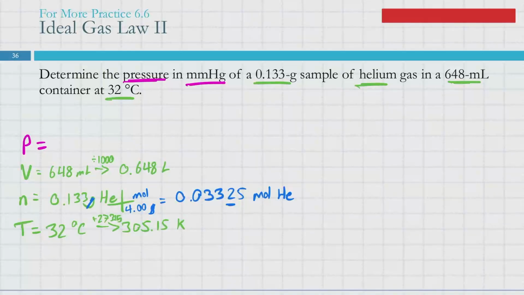We're finding pressure. So from PV equals nRT, divide both sides by V. Pressure is nRT over V. So we plug in the values that we just converted to.